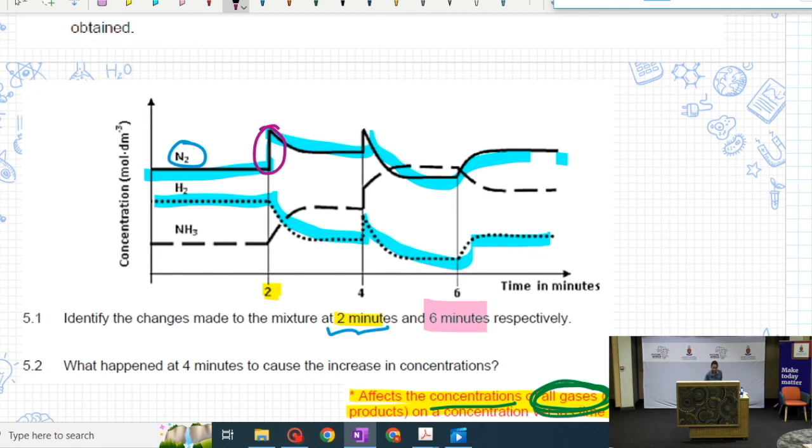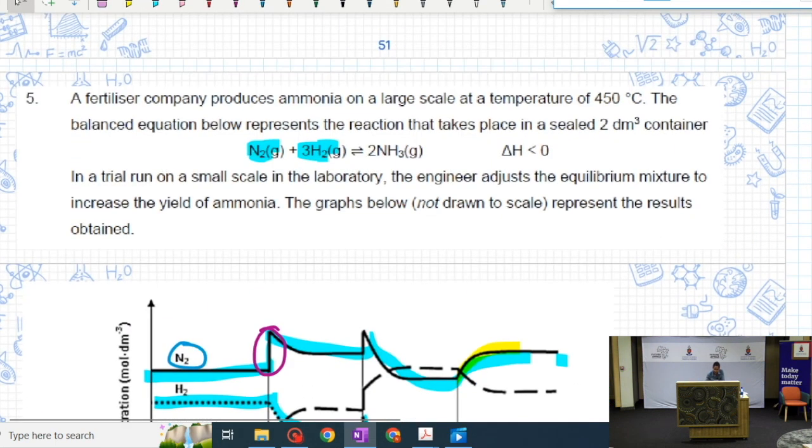Okay. Now we come to the 6 minutes. The 6 minutes is over there. Notice when we are looking at the 6 minutes, this over there goes up like that, that goes up like that. Now you have two things left. We know it's not concentration because we don't see any spikes. But if we look at this, can you see that we're dealing with gases? Does everybody see that?